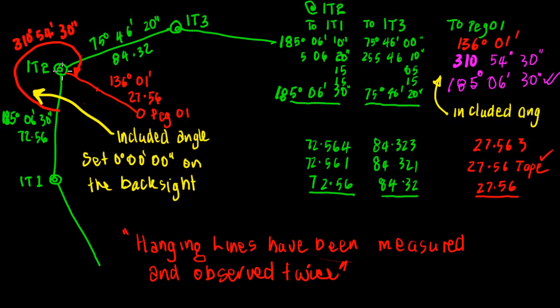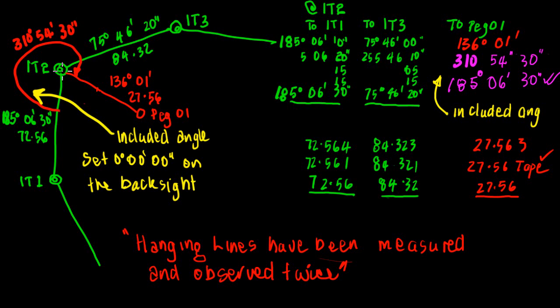So once we've got our peg in on the correct orientation, we have this procedure or philosophy that hanging lines are to be measured and observed twice. It's a way of giving a second check, or independently measuring and observing them from the same mark. One of the ways that we can do this is with the included angle. As you know, with bearings, we always measure clockwise from north.